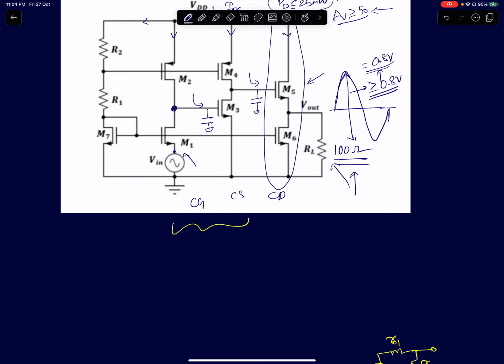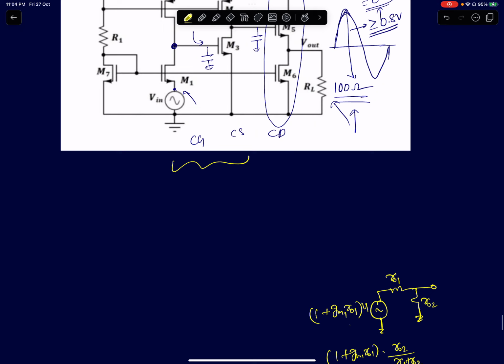Before we start splitting the gain, first let's quickly analyze the common gate and common source amplifiers. A common source amplifier with a current source load, where the current source is a PMOS device. Let's call them M3, M4.